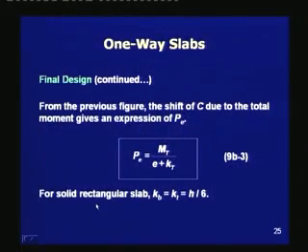For solid rectangular slabs, KT equal to KB equal to H by 6. Thus, the top and the bottom kern points are located at 1/6 of H from the CGC.